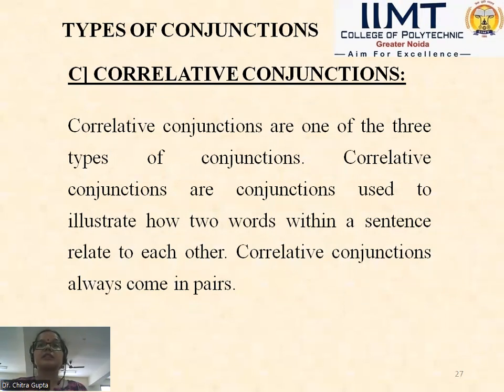Here, these conjunctions describe how two words in a sentence relate to each other, and these conjunctions always come in pairs, as they have a correlation between the two words.